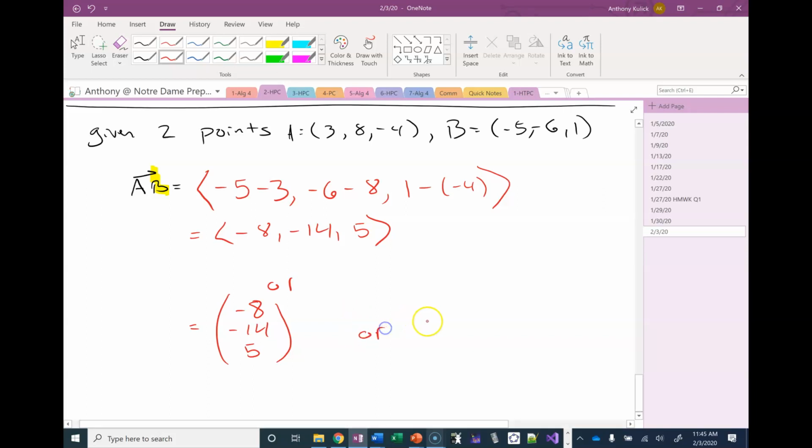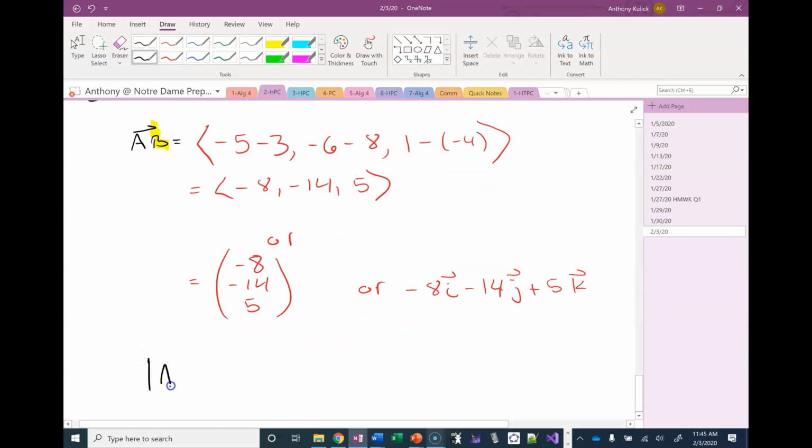Or if I want to write it as a linear combination, how would I write it? -8i minus 14j plus 5k, where i, j, and k are just our unit vectors. Everybody good there? Hopefully then it's easy to see how to move back and forth between these 3 different forms, right? Okay.